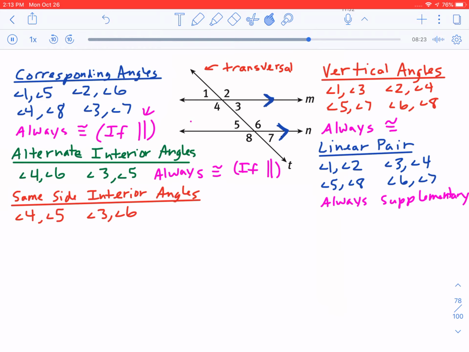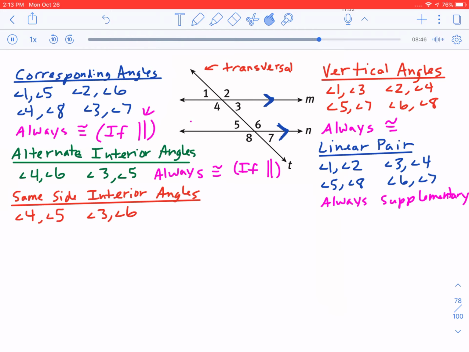The other thing we could say about these is, first of all, they are not congruent. If I look at angles 4 and 5, one of those angles is obtuse and one is acute. Angle 4 is obtuse. Angle 5 is acute. There is no way that an acute angle and an obtuse angle are congruent.